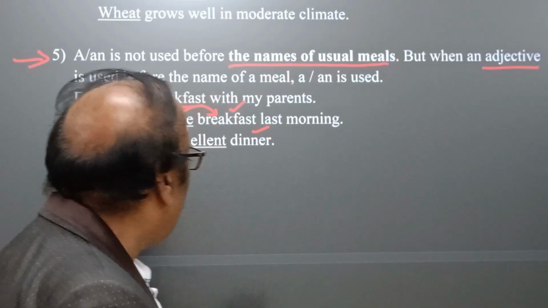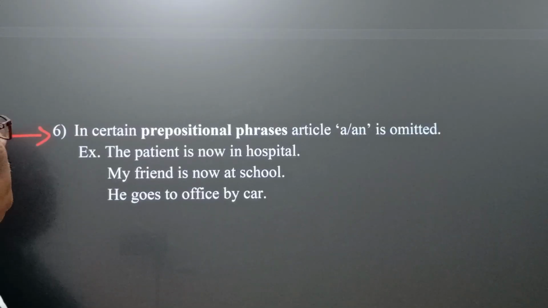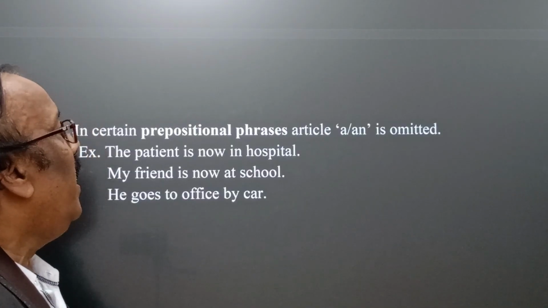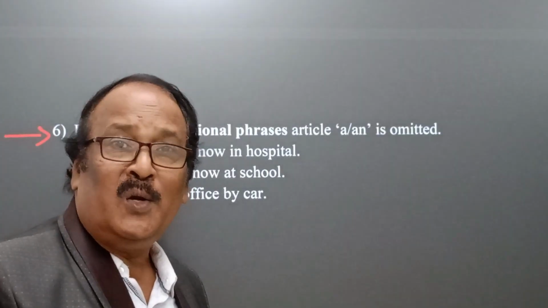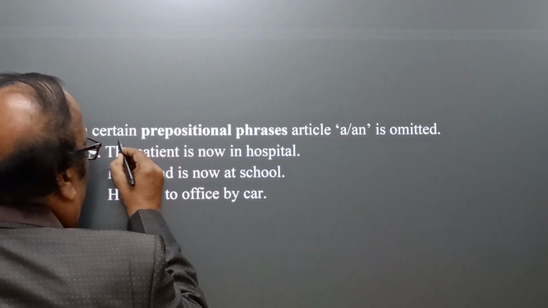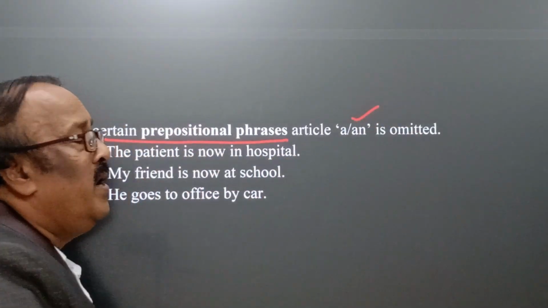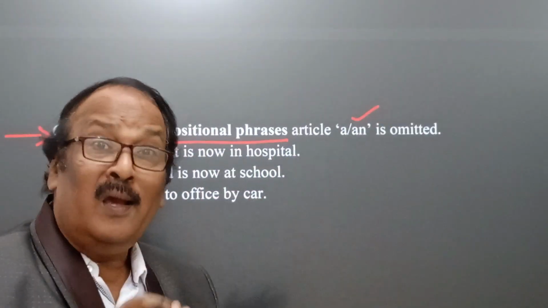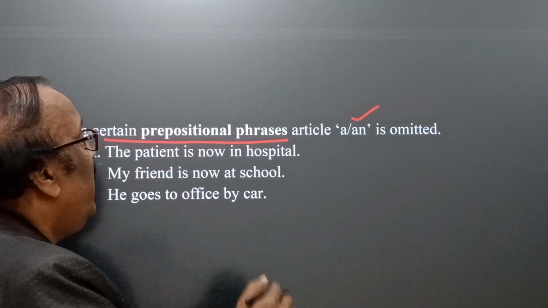Yes, now comes the other idea in this connection. In certain prepositional phrases, the article a or an is omitted. This is another interesting factor to note. Then how? See here, the patient is now in hospital.